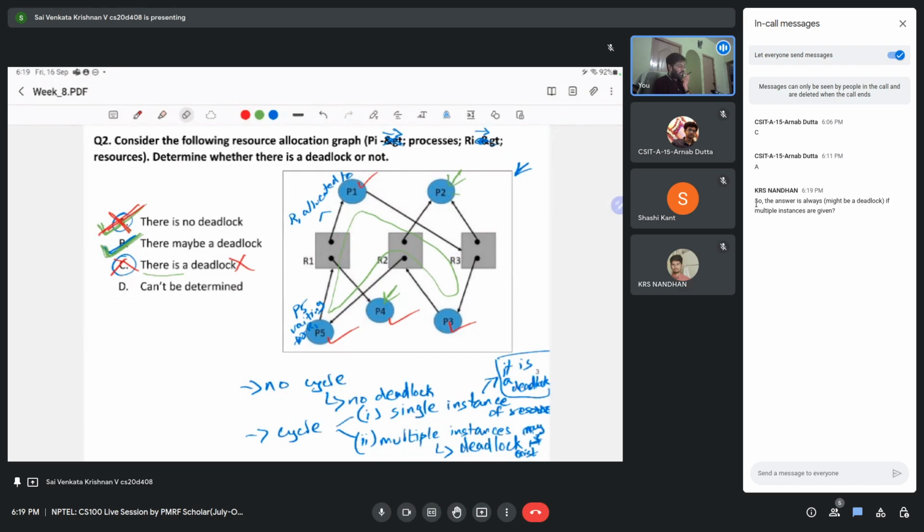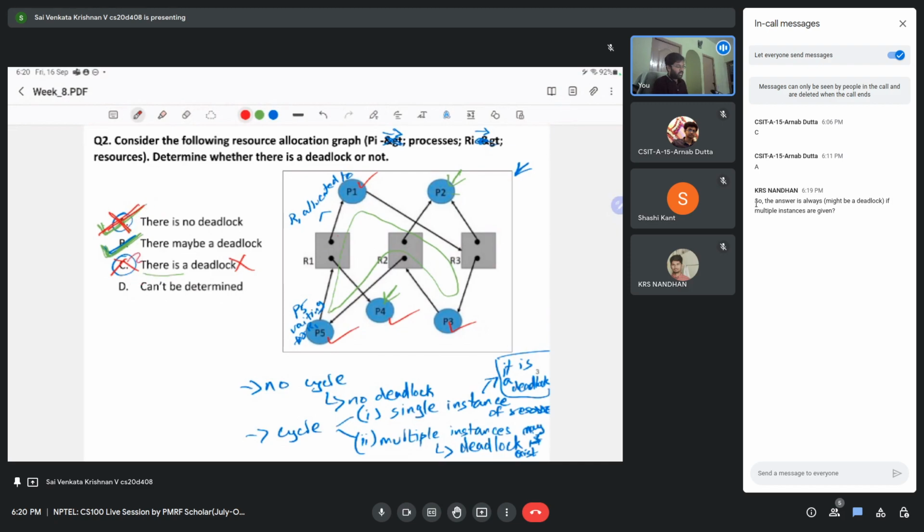Because in the lecture videos also, sir would have, I guess, taken an example similar to this, and he would have mentioned that if P2 finishes and P4 finishes, then the cycle would be broken. But just from the resource allocation graph, you cannot infer that information. So option B is the correct answer.